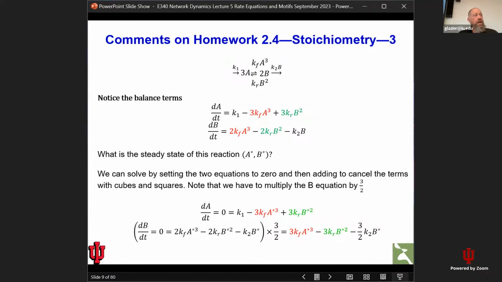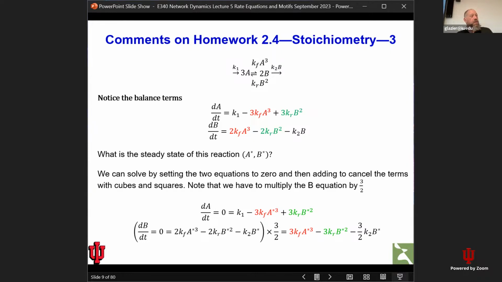When we had just A and B, all we had to do was add these two to cancel out those features. In this case, we don't have to do very much more than that. All we have to notice is that if we multiply the second equation by 3 halves, everything cancels. And that was the trick that I think some people didn't get.